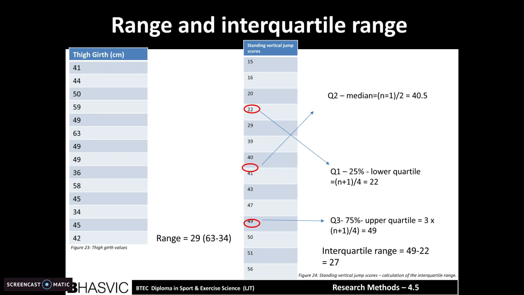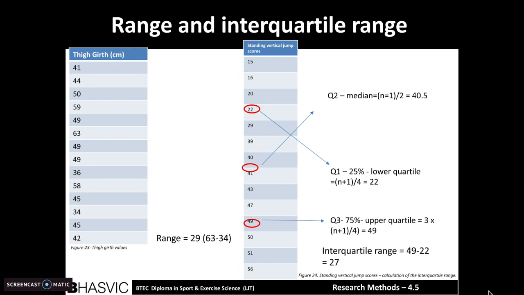I'm going to round it down to get a whole number, so the upper quartile is in the 11th position, which would be 49. Once you have the upper and lower quartile, you subtract the lower quartile from the upper quartile to give you the interquartile range, which in this example equals 49 take away 22, so the interquartile range would be 27.